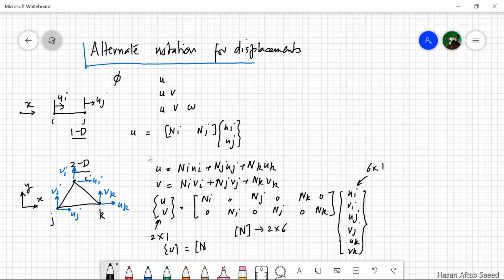It is valid at any point. This is n, and this is the vector of nodal displacements. Now, corresponding to this, for a 1D problem, you can just write u is equal to n times the nodal displacements on the right hand side, but on the left hand side, this is not a vector. This is just one component, because for these problems, only one component of displacement is valid.